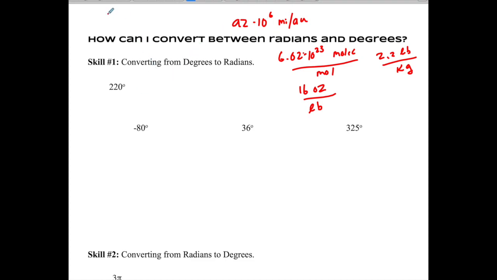There are 180 degrees in pi radians. That's the magic conversion, 180 over pi.